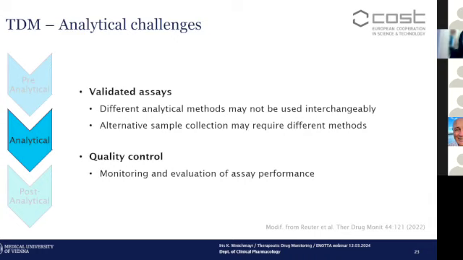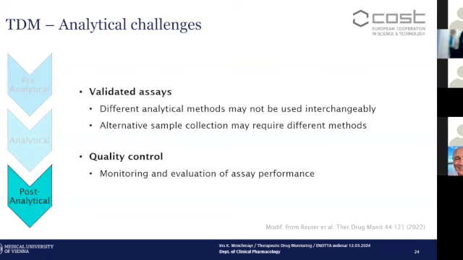There are also alternative sample collection methods beyond plasma sampling that may require different analytical methods. For example, dried blood spot samples have small sample volumes, and those might require a different analysis method than plasma. Furthermore, regulatory monitoring and evaluation of assay performance are important to ensure accurate quantification of the concentration.